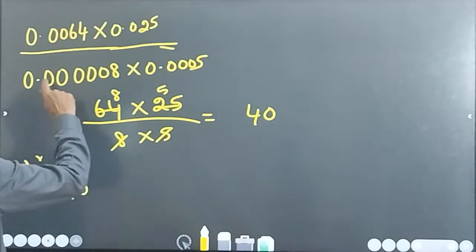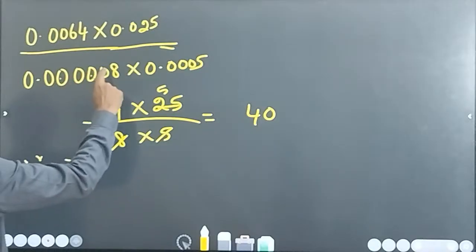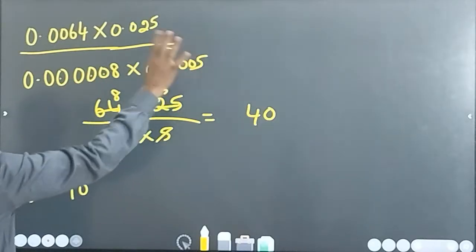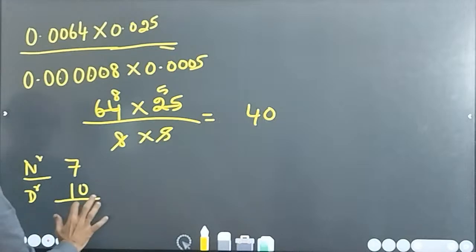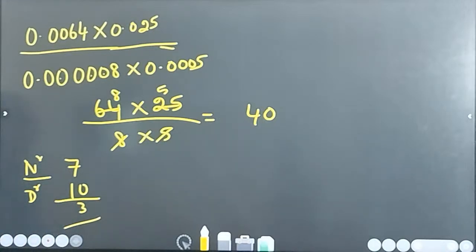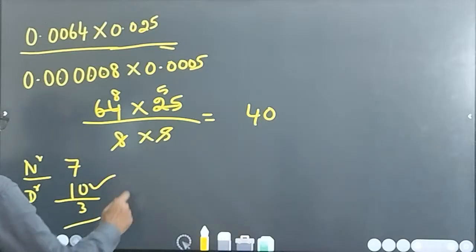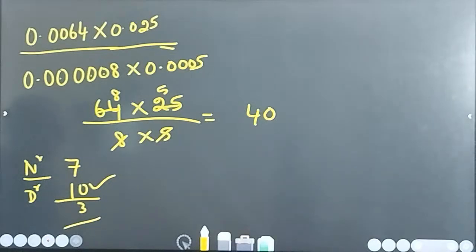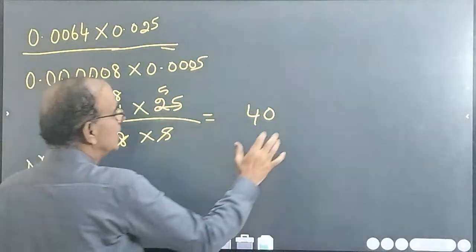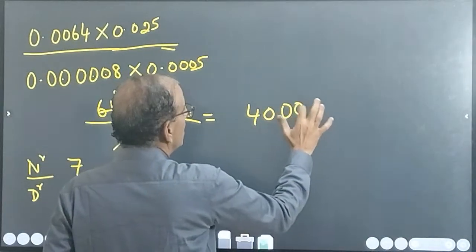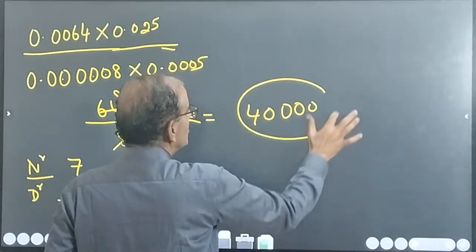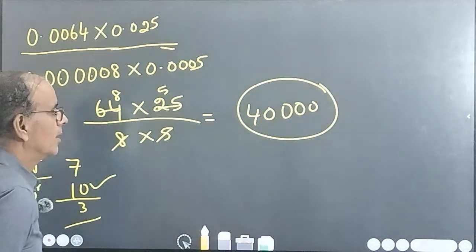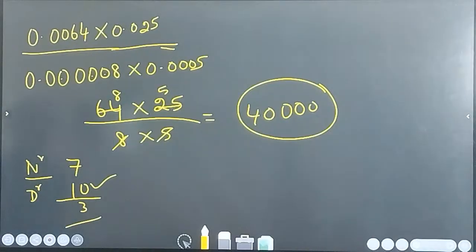Very simple counting. Find the difference. How much? 3. Whenever the denominator has more, to the answer you got, you add 3 zeros. This is the answer for this question. Very easily you can do it.